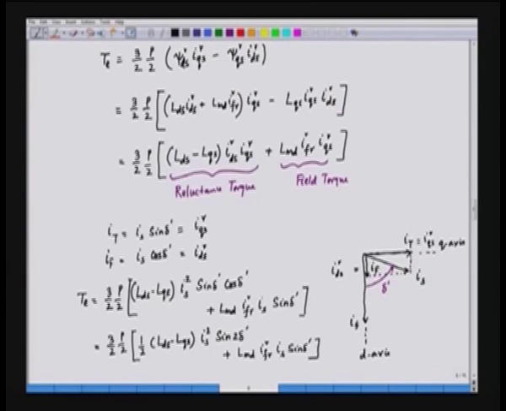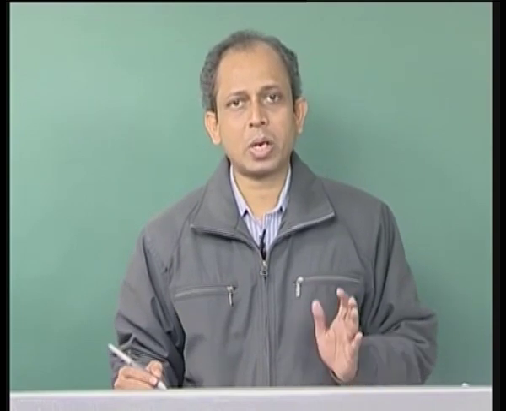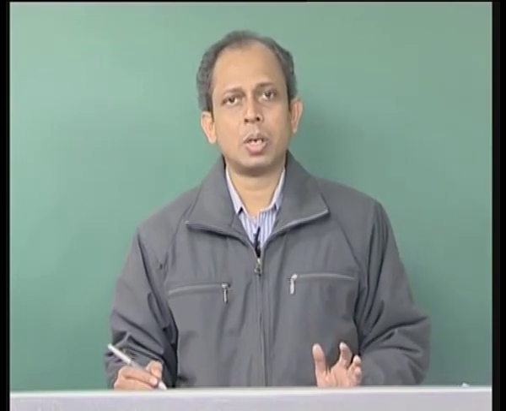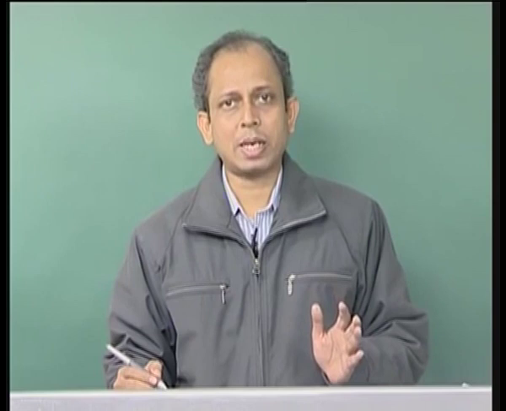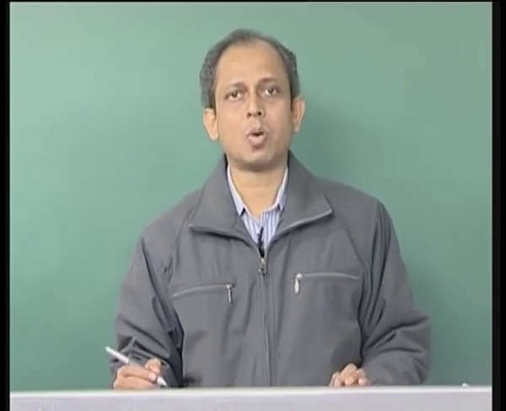Now, what we do here is put delta prime equal to pi by 2. That is the condition for vector control. Vector control means we are trying to control the PMSM just like a DC machine, and that is achieved when we make delta prime equal to pi by 2.